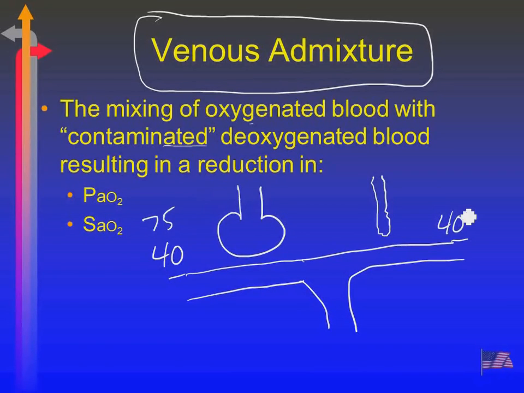Saturation is 75. This is 106 inside the alveolus, so the net effect is that I end up with an elevated oxygen level.